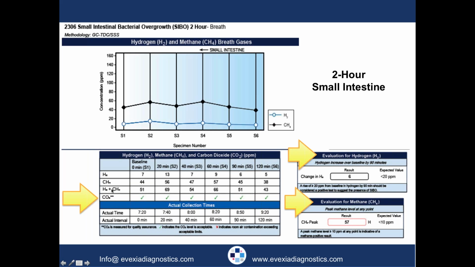I want to talk also on this test. You're going to see that they give you a calculation of methane and hydrogen gas, and you need to be aware of what that means. That's the total of the hydrogen and methane gas. So here's the take home on that one. Prior to 2017, there was a North American consensus paper on breath testing, and it was common to report a positive result for SIBO with a rise in the combination of both of those.